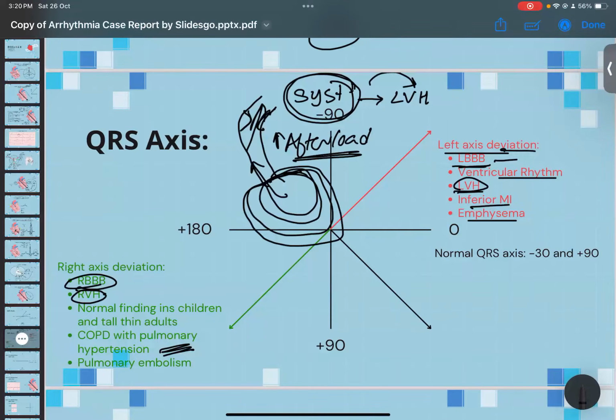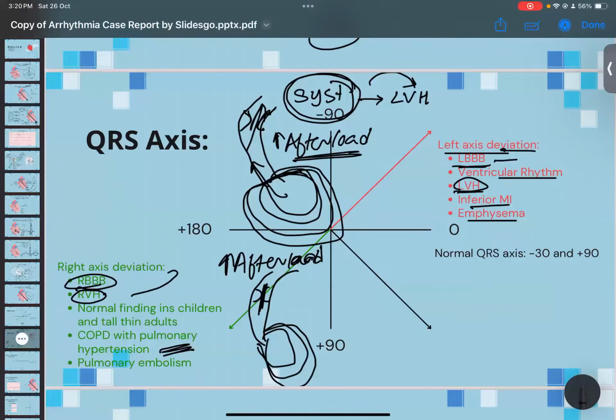The same thing goes for pulmonary hypertension. The right ventricle pushes the blood out into the pulmonary arteries. Sometimes there can be pulmonary hypertension, and when there is, there's obstruction to blood flow and increased afterload, and because of the increased afterload, the right ventricle hypertrophies, and because it hypertrophies, it can cause right axis deviation.